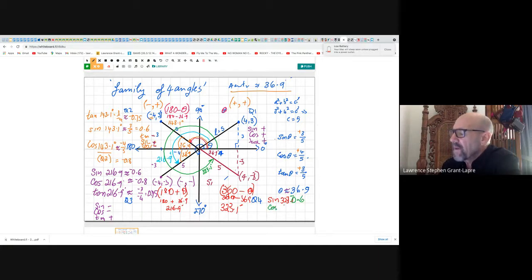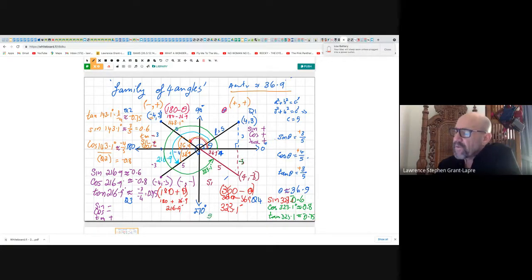Cos of 323.1 degrees is positive 0.8 because it's positive 4 over 5, right? And tan of 323.1 is about negative 0.75 because it's negative 3 over 4.